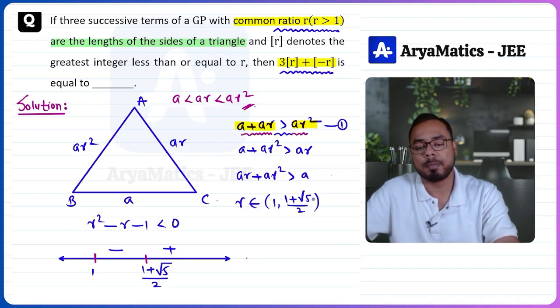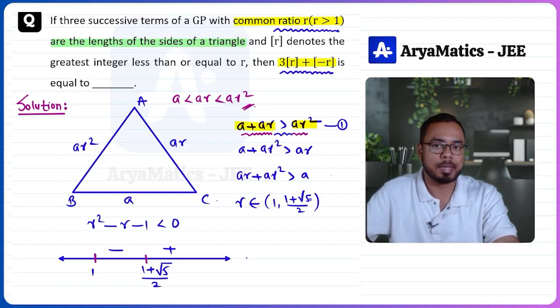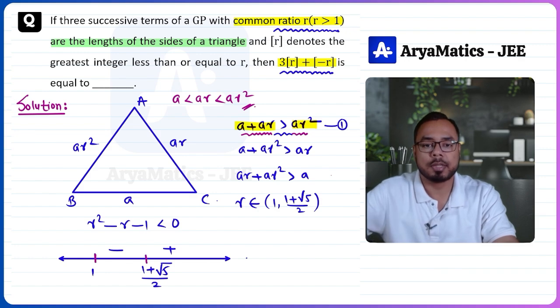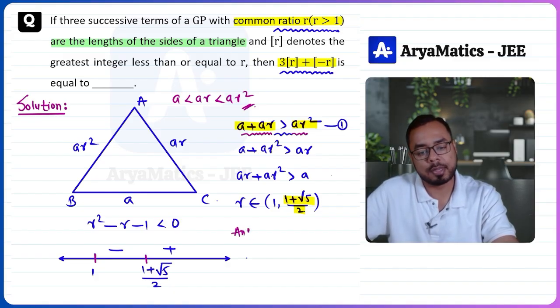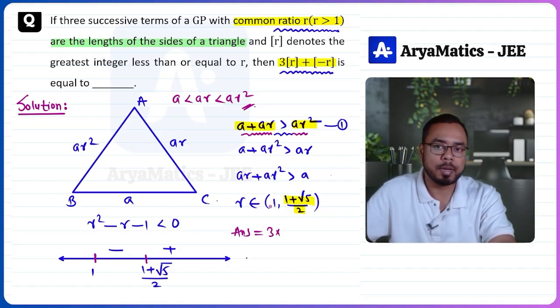Now 1 plus root 5 by 2 will be less than 2, right? Root 5 will be slightly more than 2, certainly less than 3. So this number 1 plus root 5 by 2 is less than 2. So now if we talk about the greatest integer of R, R is between 1 and 2, more than 1 and less than 2.